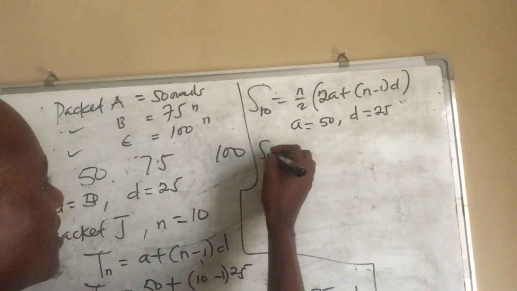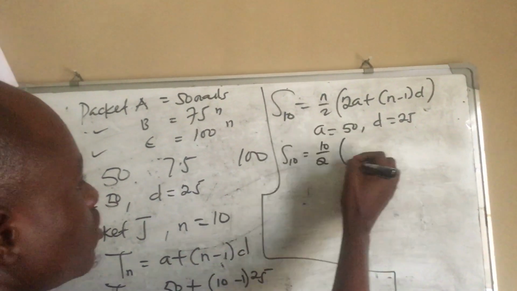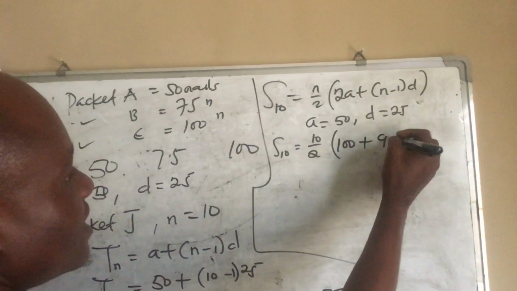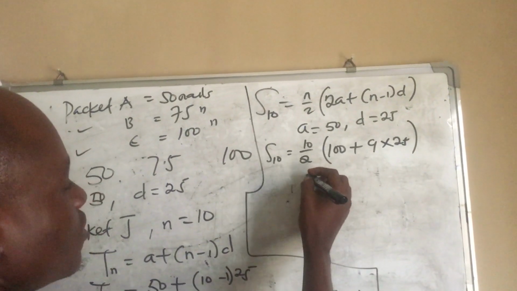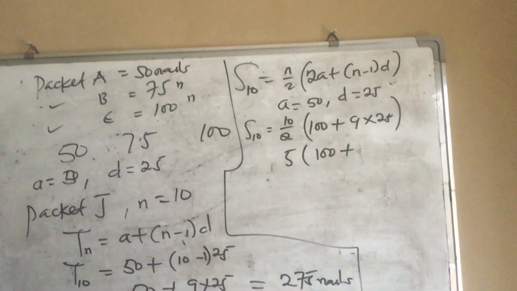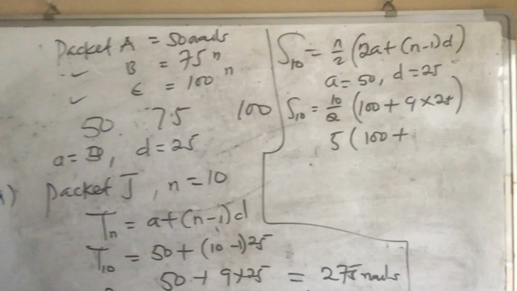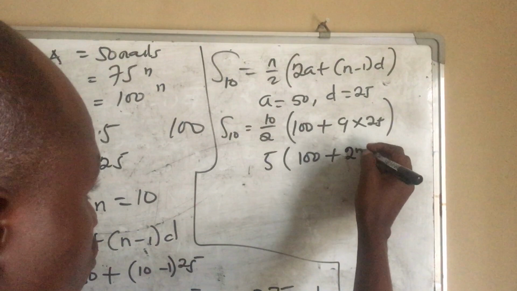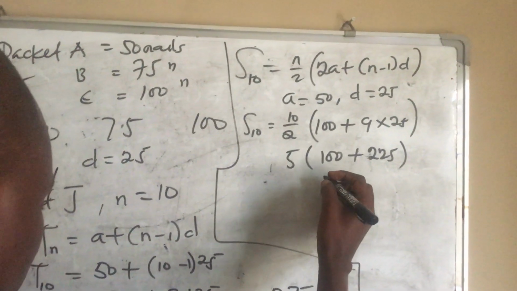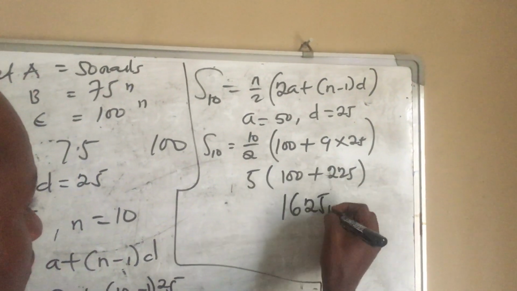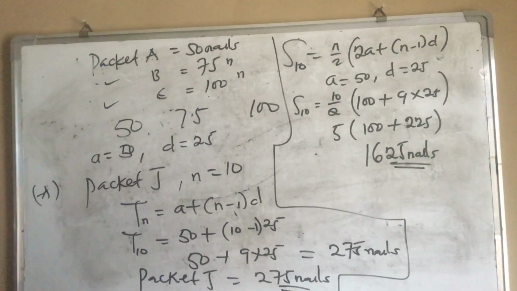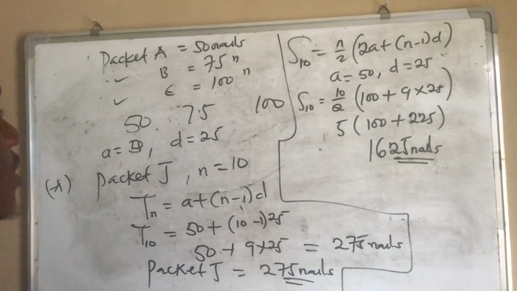So S10 = 10/2 (2 times 50 + 9 times 25), which is 5 (100 + 225). Adding this gives 325, and multiplying by 5, I have 1625 nails.